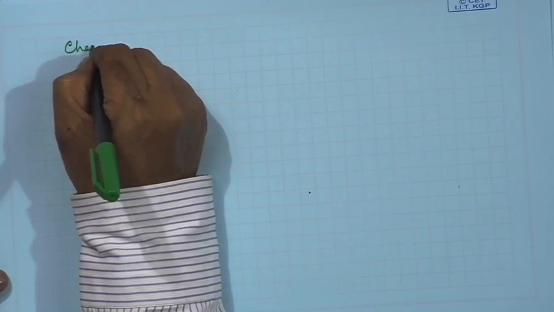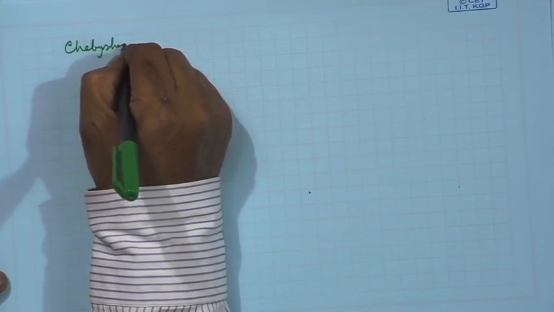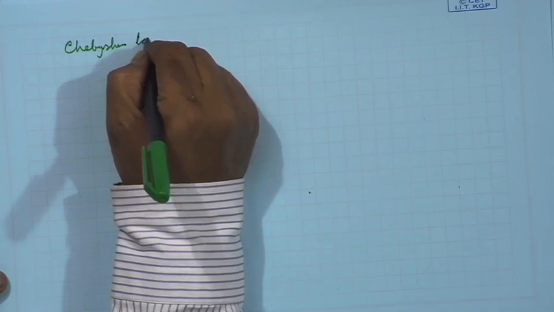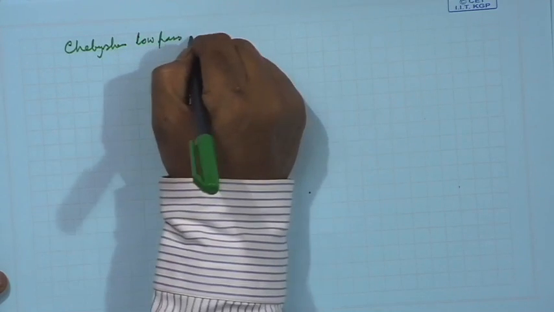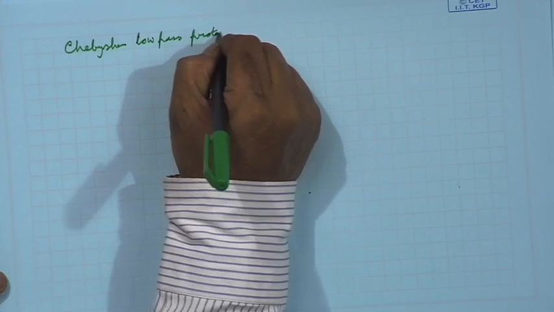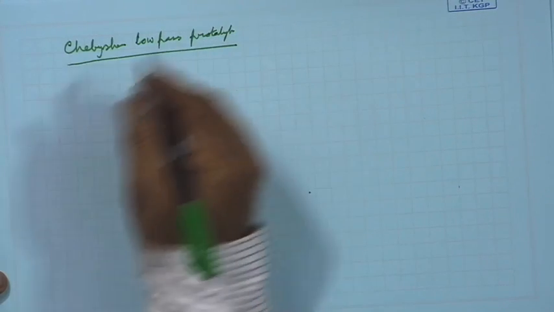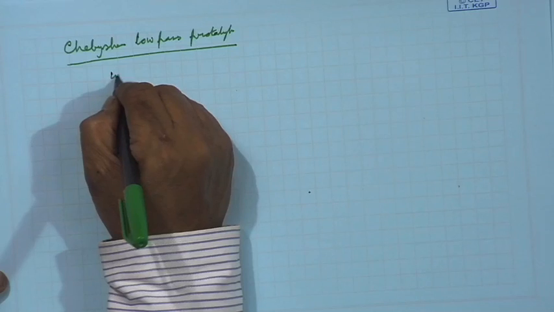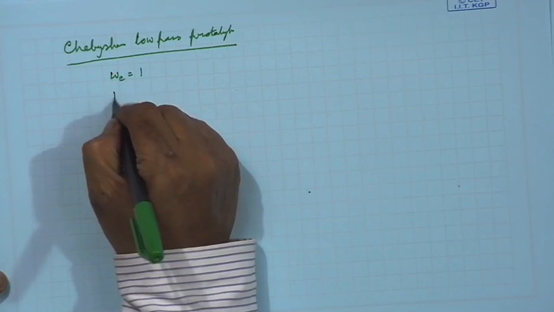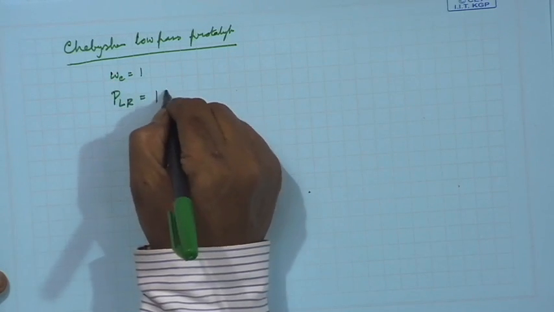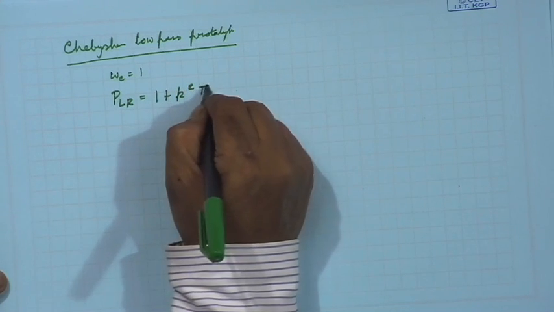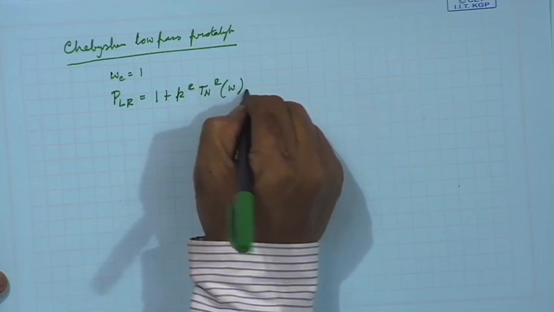Similarly, you can have a Chebyshev filter design, prototype filter. So, let me just briefly say this, the Chebyshev low pass prototype. Again omega c is 1, the only thing is the PLR is now 1 plus k square T n square omega.